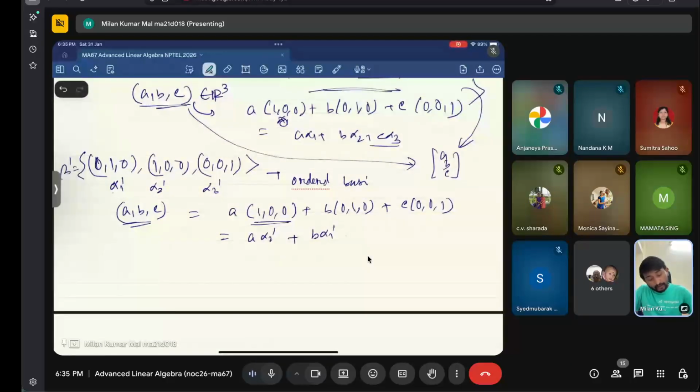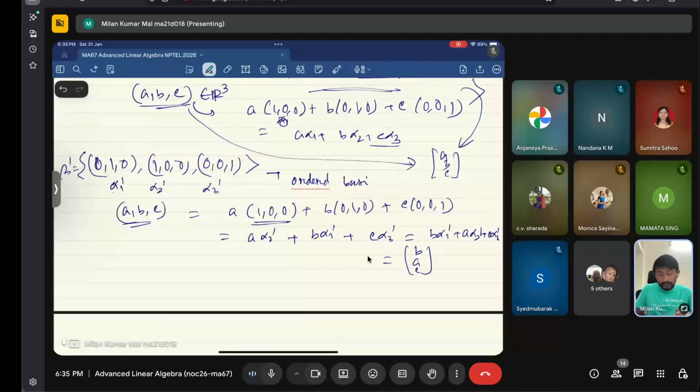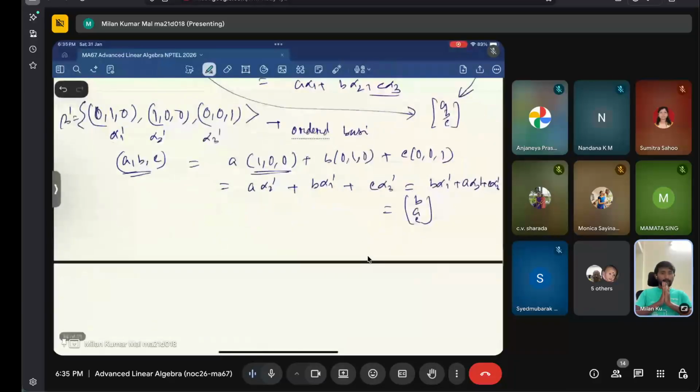If I write it in the order of the basis, it will be the column vector B A C. So this is the importance of ordering. When you fix an ordering, you get this type of advantage. These are called the coordinate vectors.